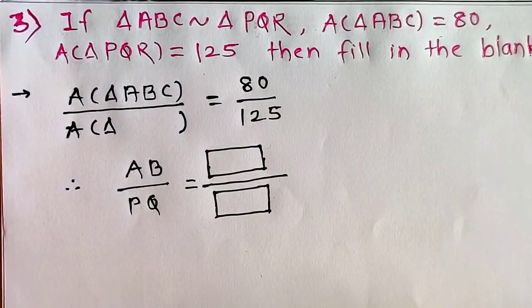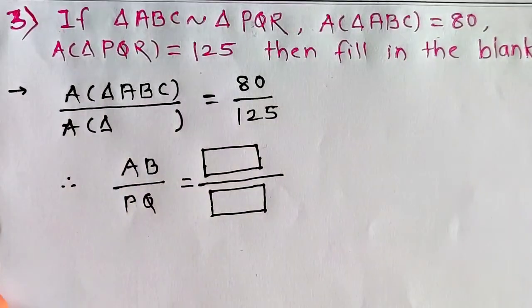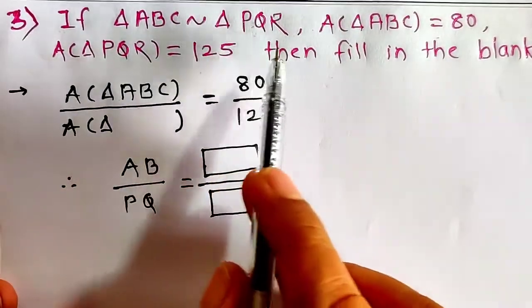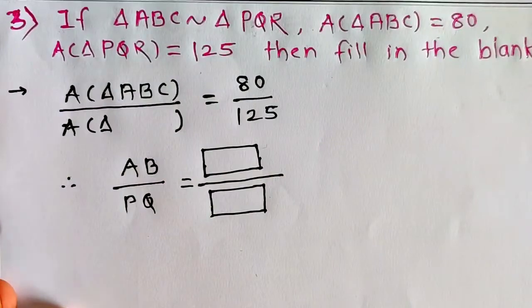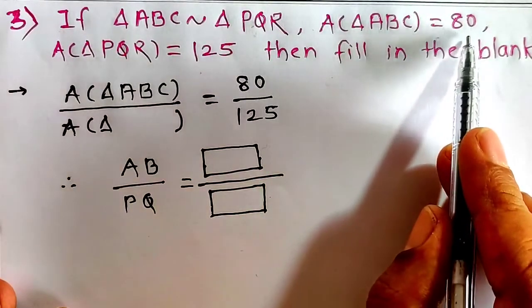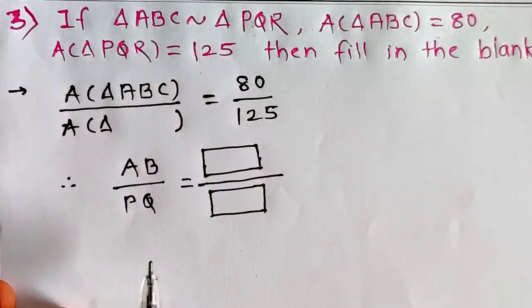So here it is, the third sum. Let us see. It is an activity based sum. If triangle ABC is similar to triangle PQR, that means two triangles are similar. Area of triangle ABC is given 80 and area of triangle PQR is given 125. Then fill in the blanks.